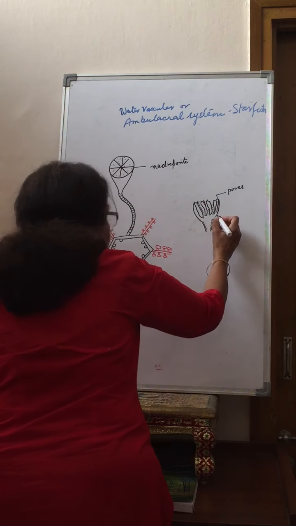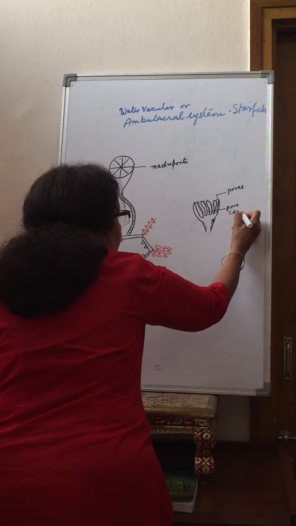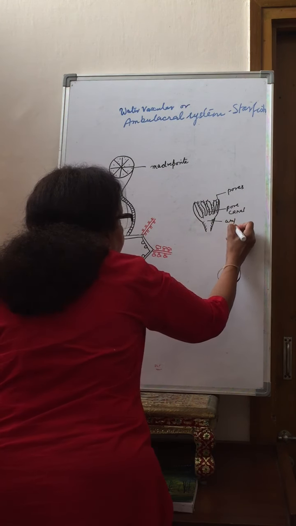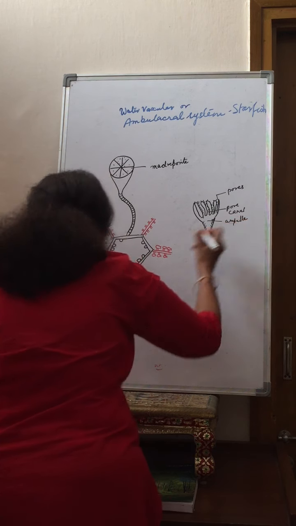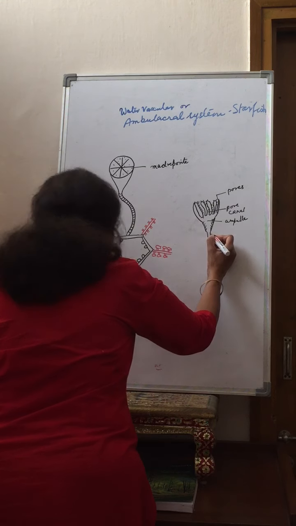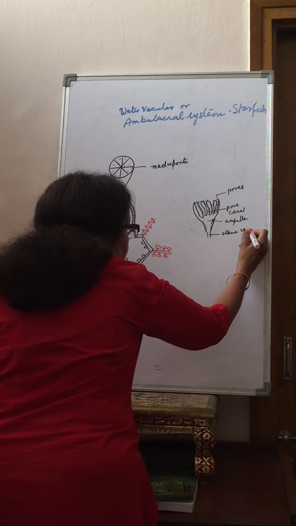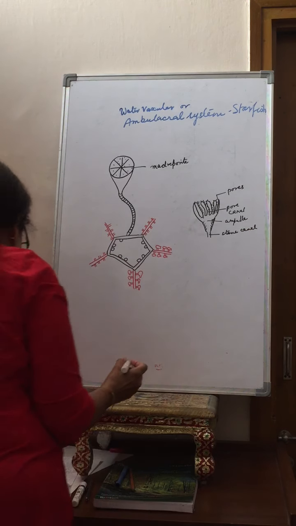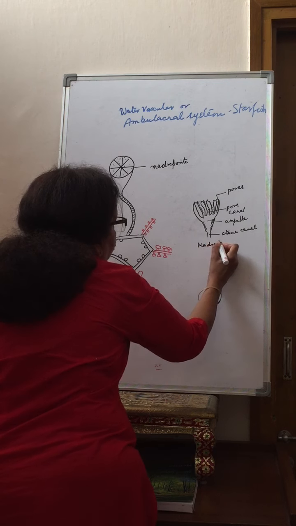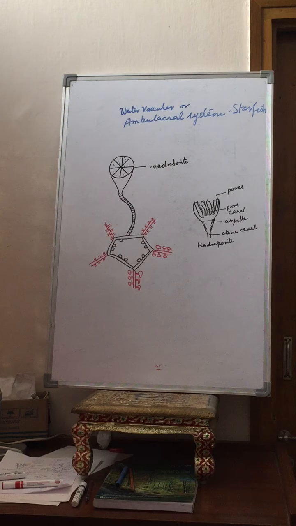Pore canals are there, then the ampulla, and then it leads to the stone canal. So this is the madreporite along with the ampulla and the stone canal.